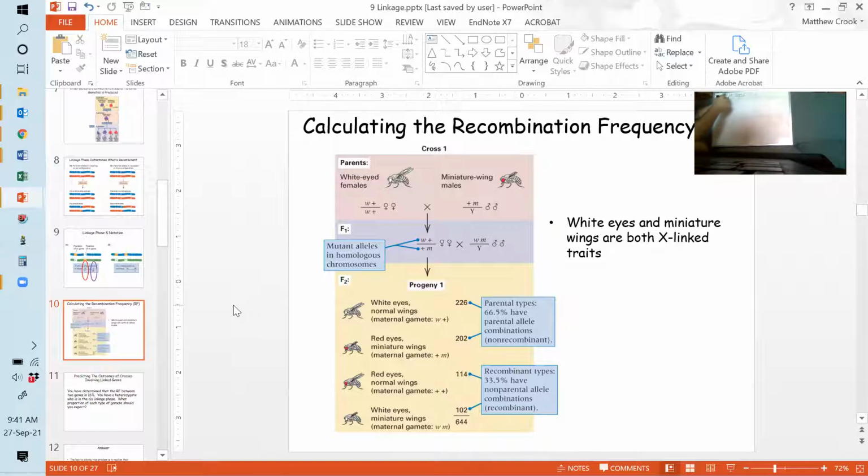So we have, what could we use? Yellow and, I think they're called diminutive males. Those are the two genes that we're looking at. And we get these different combinations.